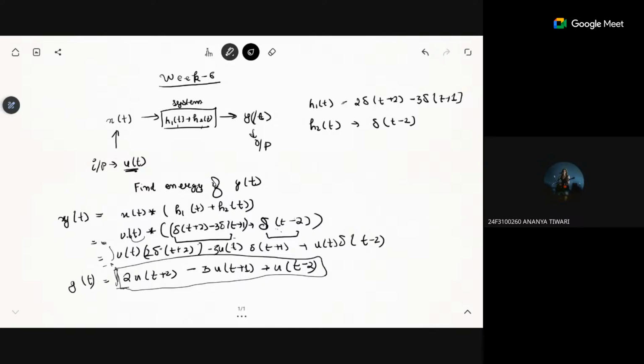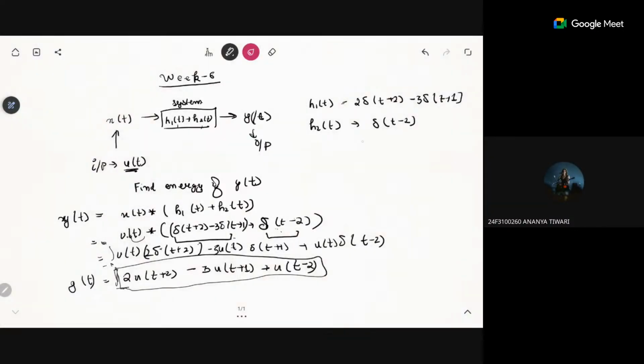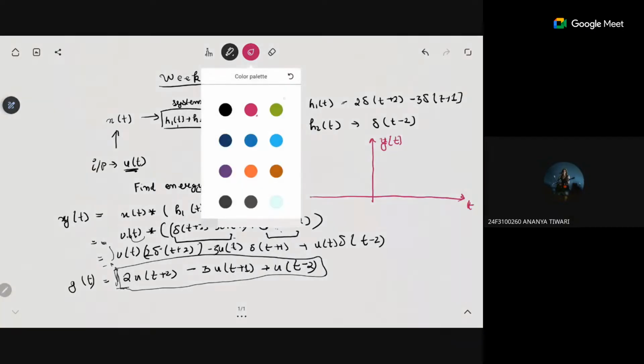Exactly, we will be plotting this y(t) here, and then it will be easier for us to calculate the energy.